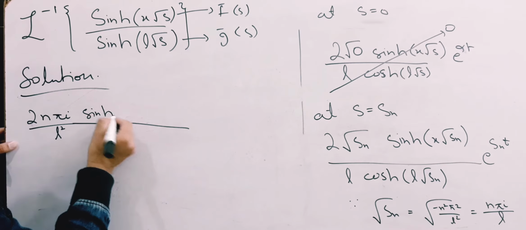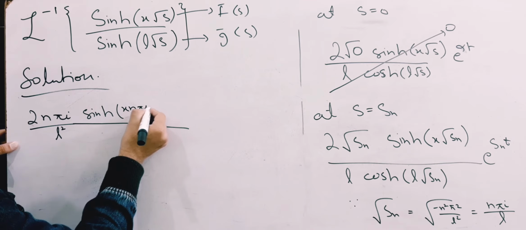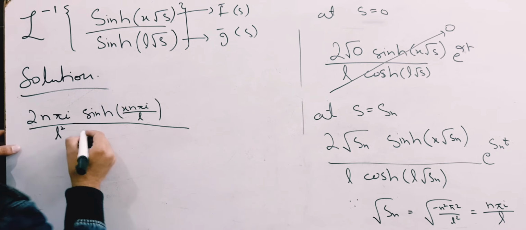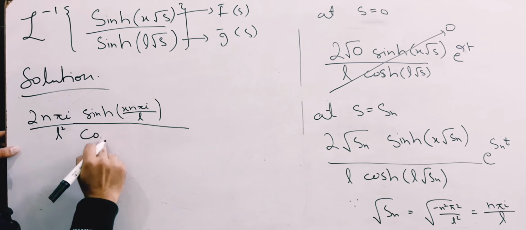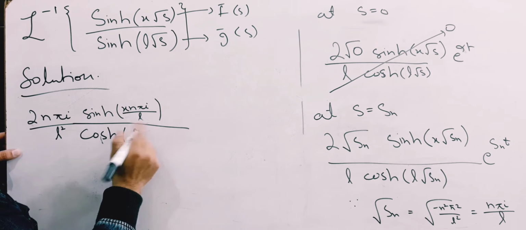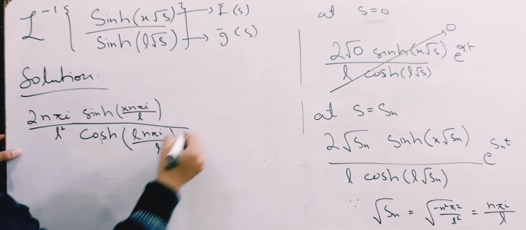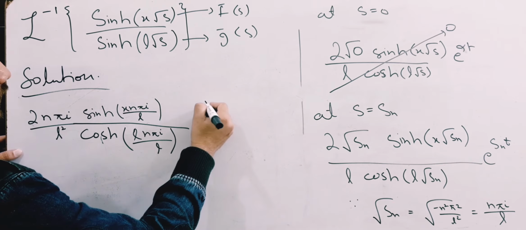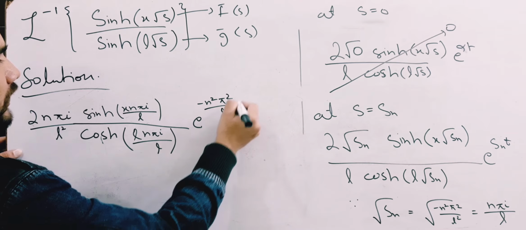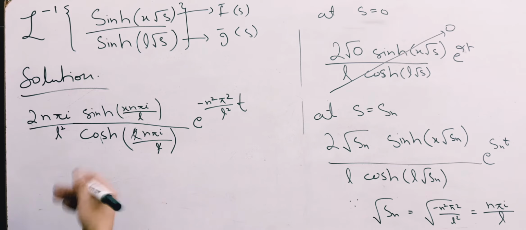Sine hyperbolic of x n pi iota over l, cosine hyperbolic of n pi iota over l, e power minus n square pi square over l square times t. This l and this n will cancel out.